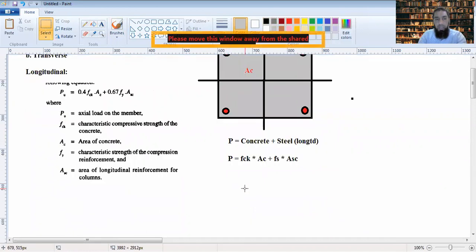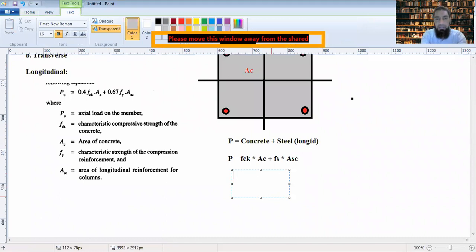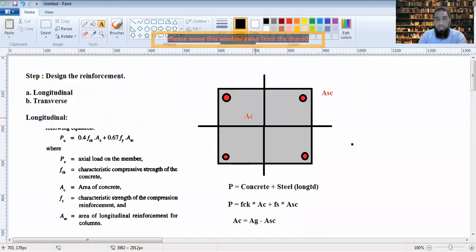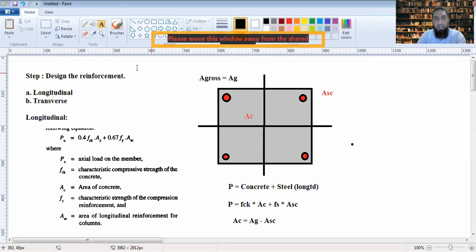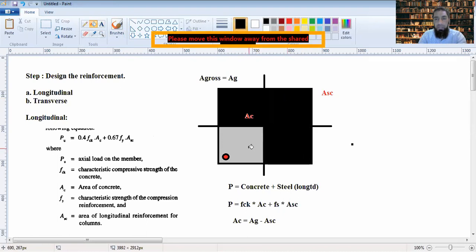Now you would have to determine the area of concrete. AC would be equal to A gross minus ASC, because if this is the total area, A gross is AG, that is the total area. That includes even this plus this plus this plus this plus this plus this and this and this.